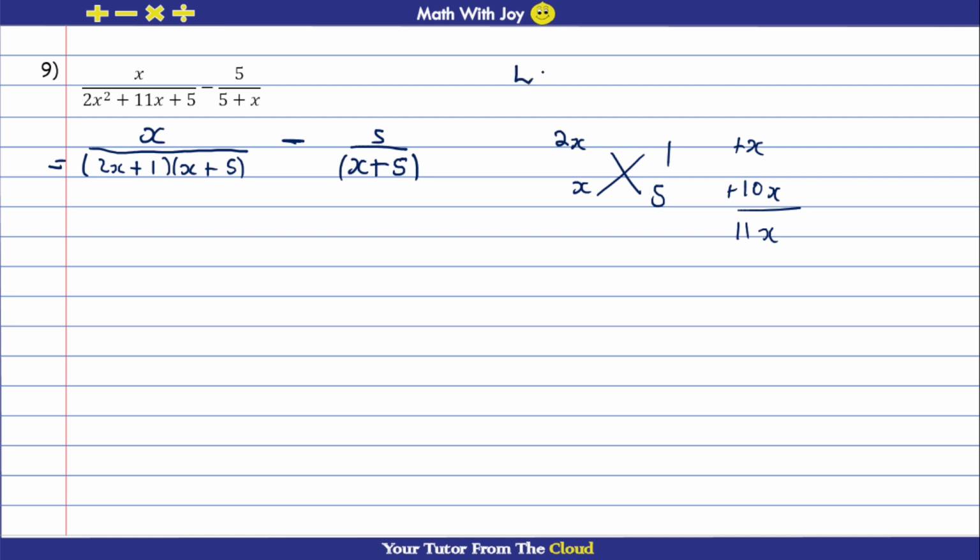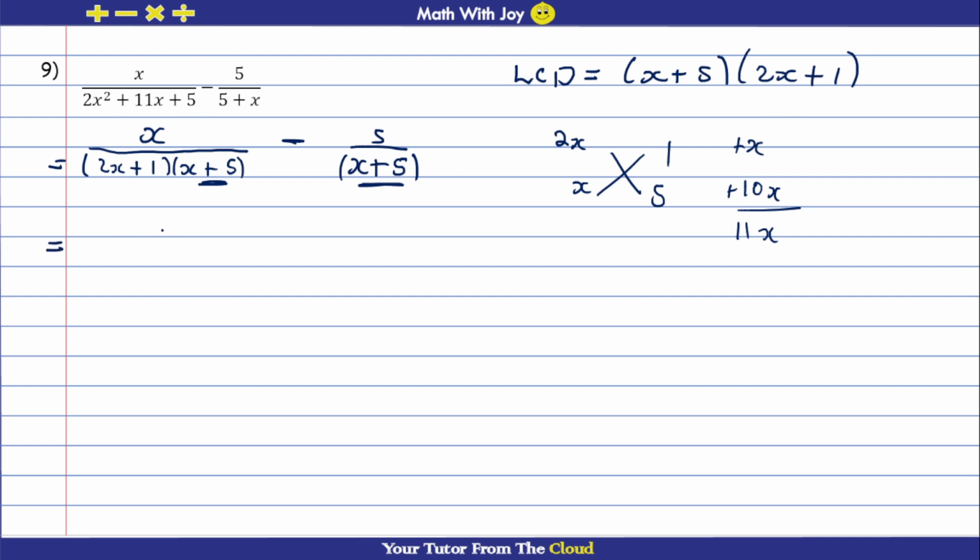And I'll say the LCD. Now I have to find the LCD. The LCD, after you have factorized, remember to look for the LCD. So the LCD is going to be, these are in common. So they form the LCD, x plus 5. And whatever is left is going to be 2x plus 1. Now you're going to say, wow, this term already looks like the LCD.